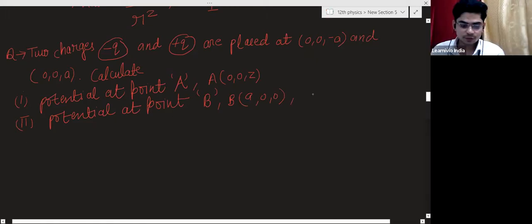And the coordinate of C is also given, C is 0, a, 0.